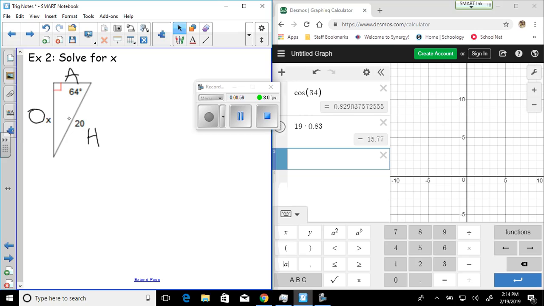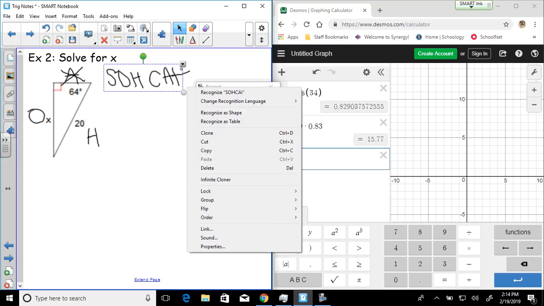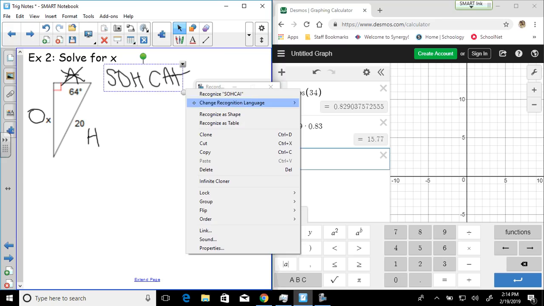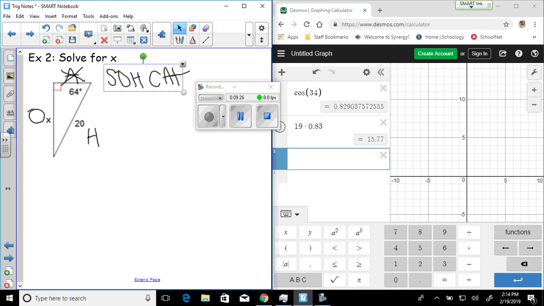Okay, now I have information on the hypotenuse. What we're looking for is the opposite, so I don't need the adjacent, so I'm going to ignore it for right now. So right now we have an O and an H. So we remember we write our SOHCAHTOA out. So SOH, CAH, TOA.